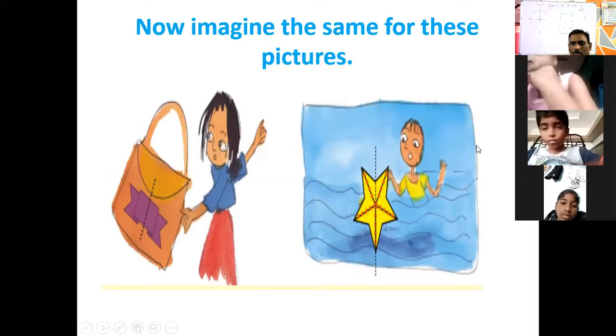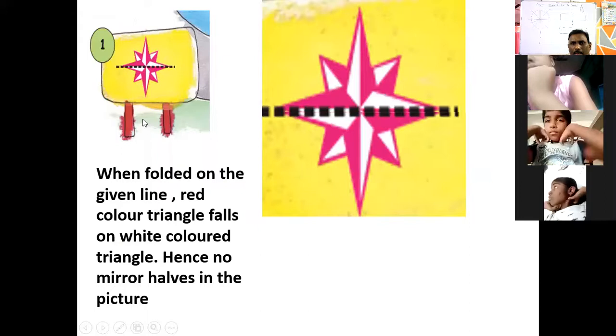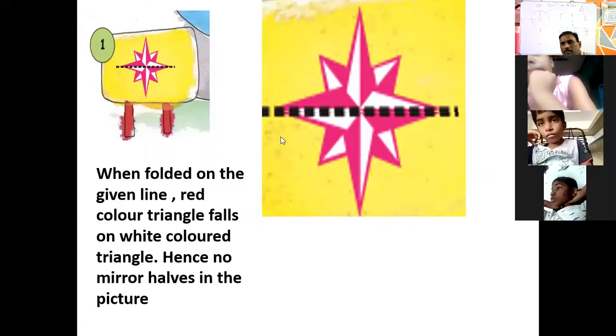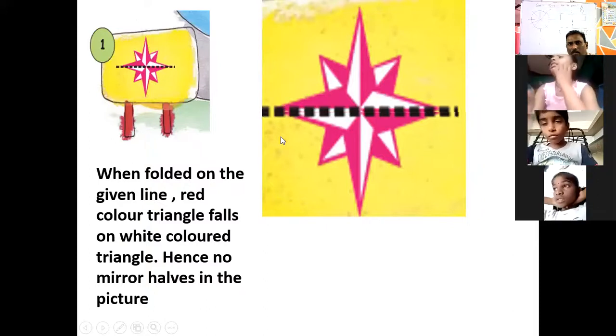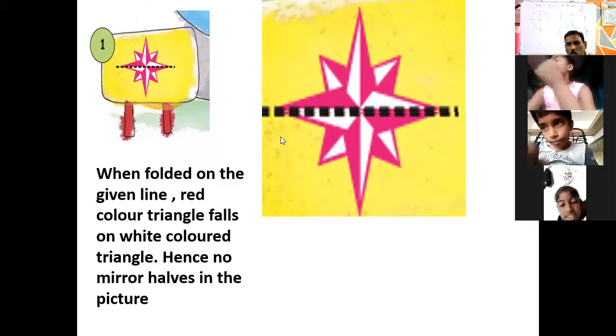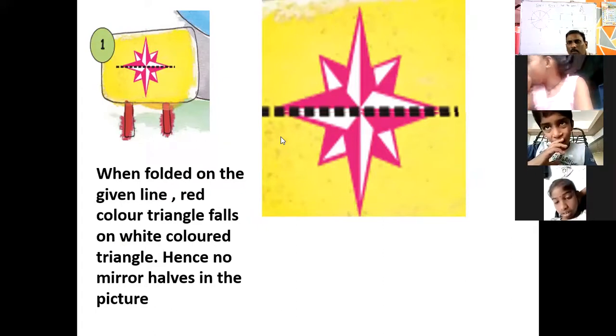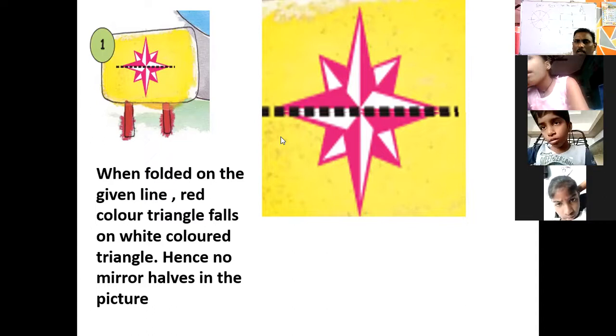These two from your textbook, the line shown is exactly the line of symmetry. What about here? Is the line shown a line of symmetry? No, sir. They are exactly the same in shape but not in color.